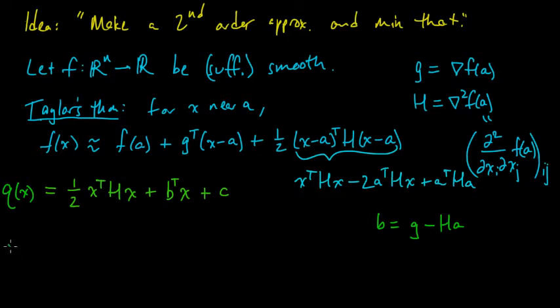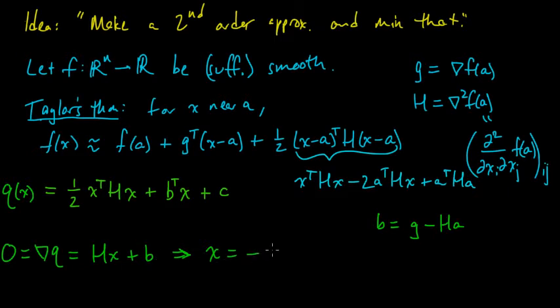And let's minimize this. To minimize this, we just do the usual thing. Take the gradient. We get Hx plus b. And now we set that equal to 0. So now we should solve for x to find the point which is the minimum.